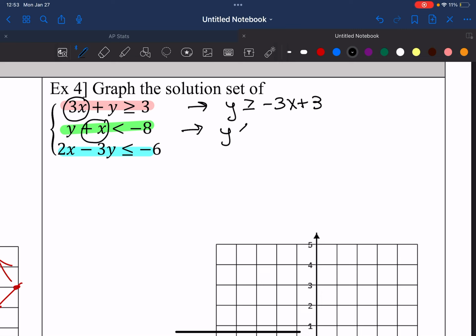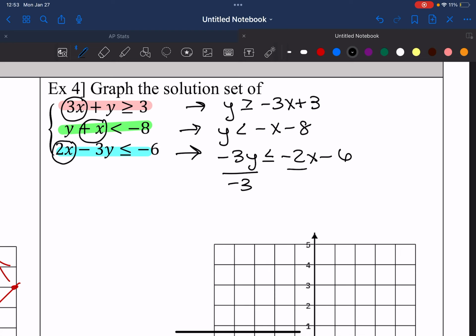So I have y is less than negative x minus 8. But for this last one, I'm going to have to do 2 things. I'm going to have to move this 2x over and eventually divide by negative 3. So first, moving this over, I have negative 3y is less than or equal to negative 2x minus 6. And then dividing everything by negative 3, I have y is less than or equal to 2/3 x plus 2.